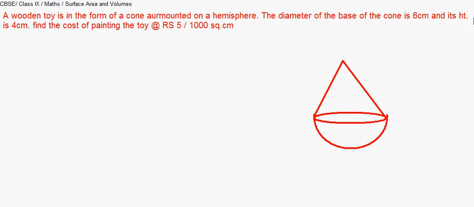Oh, this is surmounted. Sorry, it is surmounted on a hemisphere. Now it looks like it. The diameter of the base of the cone, this diameter, is given as 6 centimeters and its height is 4 centimeters. So this height is given to be 4 centimeters.